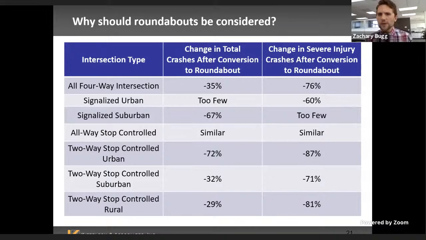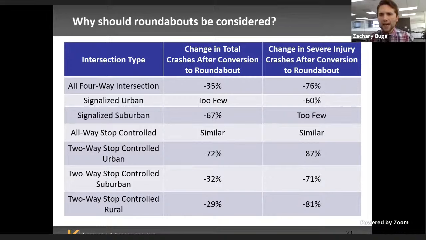Those tend to have higher speeds, and so converting to a roundabout, those have reduced severe crashes by 70 to 80%. And then looking at signalized intersections in general, looking at about a 2/3 reduction, 60 to 70% reduction.